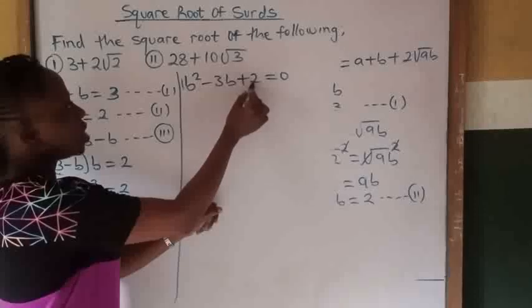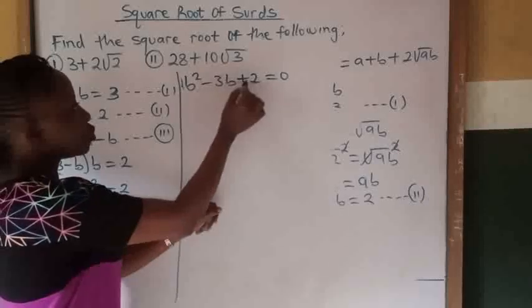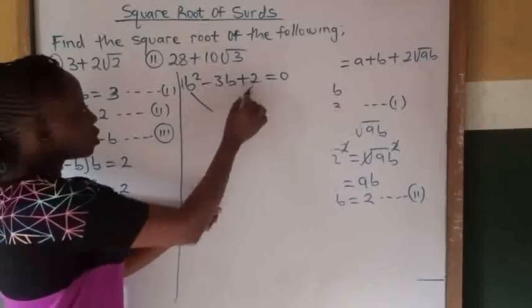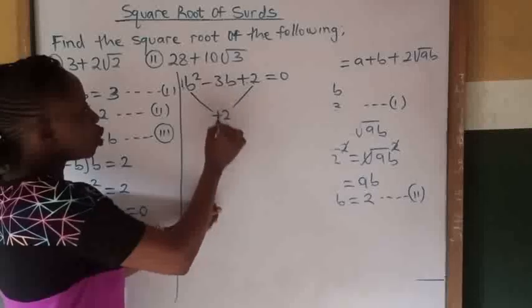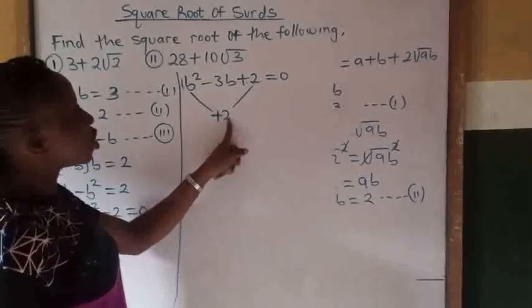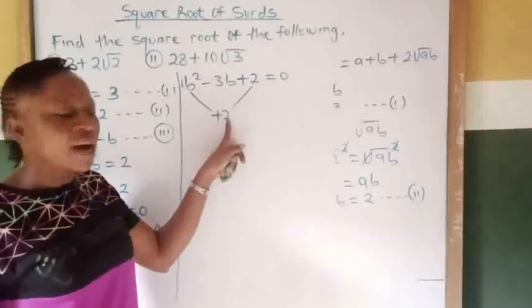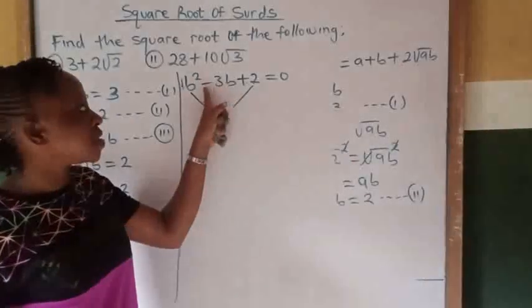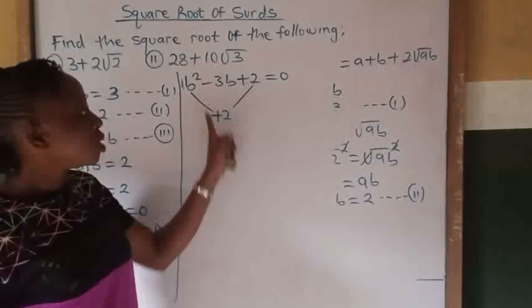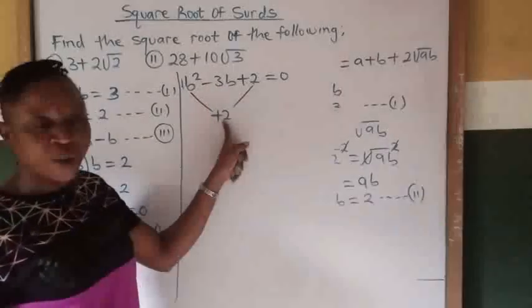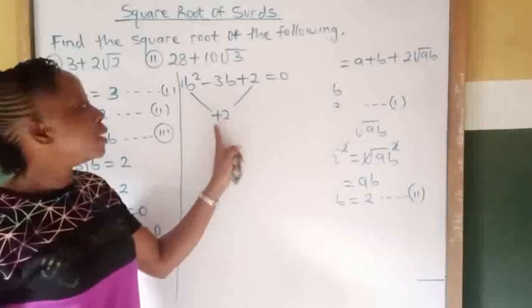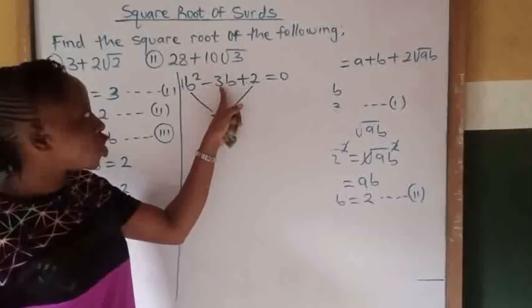Then the constant value here is 2. So 1 times plus 2 will give us plus 2. So we are looking for 2 factors that we are going to multiply together that will give us plus 2, that when we add together, will give us this minus 3 at the middle.